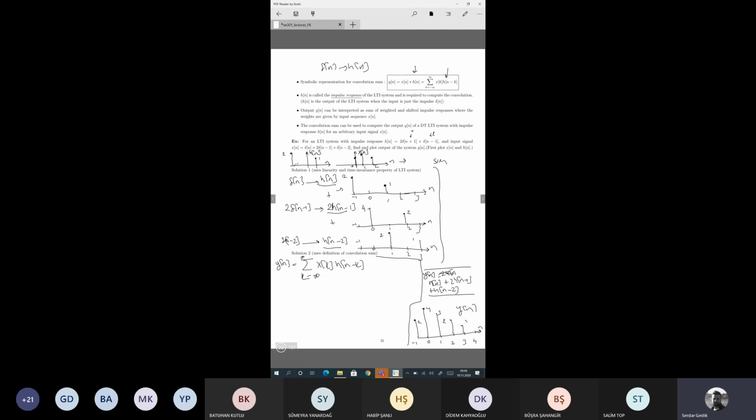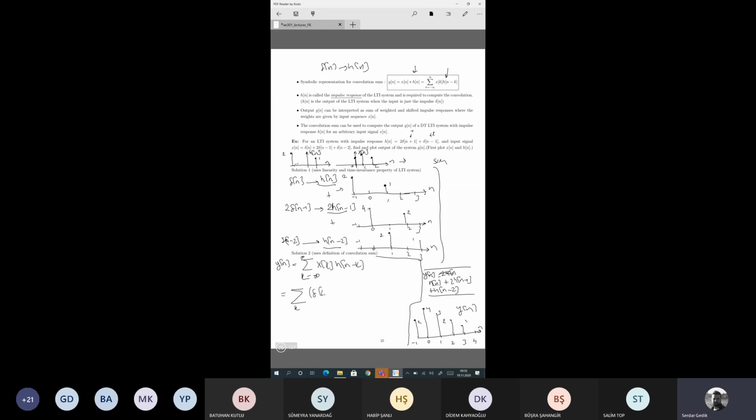Then I will put everything in place. I have x of n. From x of n, I can find x of k. I have h of n. From h of n, I can find h of n minus k. So it is simply, I will only write k, but you know that the limits are from minus infinity to plus infinity.